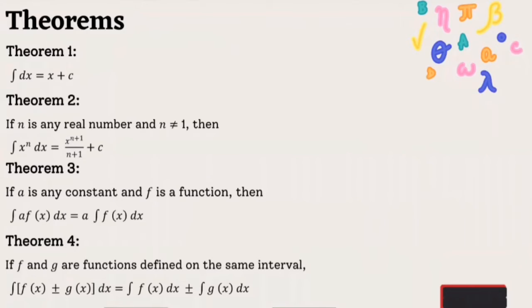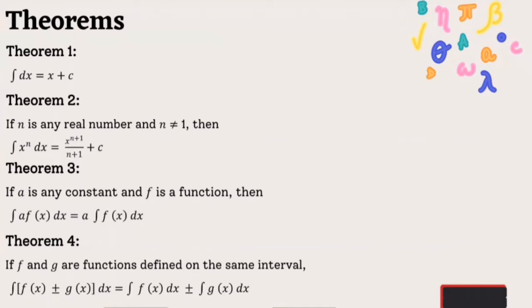So we have the integral of x to the power of n is equal to x to the power of n plus 1 over n plus 1 plus c. So basically, you increase the power by 1 and then divide by the power plus 1. Also remember that this rule doesn't apply for n equal to negative 1.